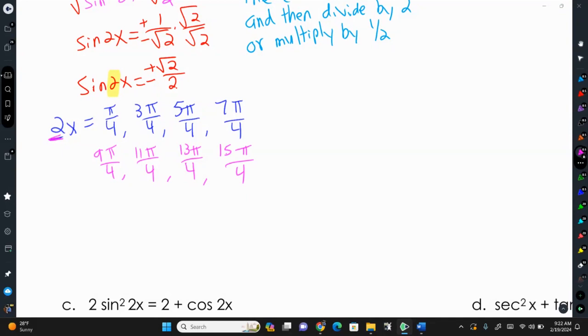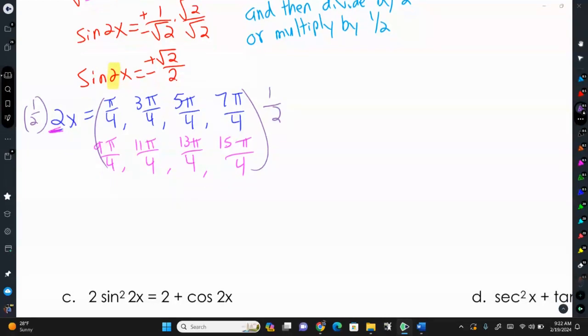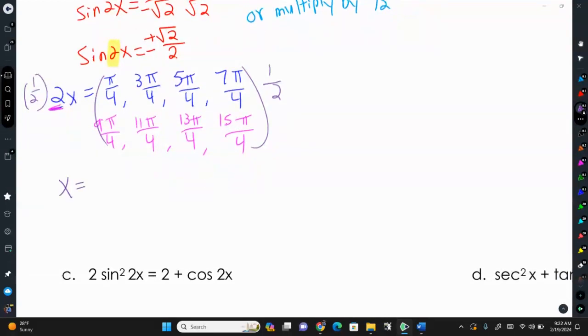Well, we have to get what x is equal to, so we're going to multiply, like I said, everything by 1/2. So multiply everything here by 1/2, which is just going to change the denominators of everything.